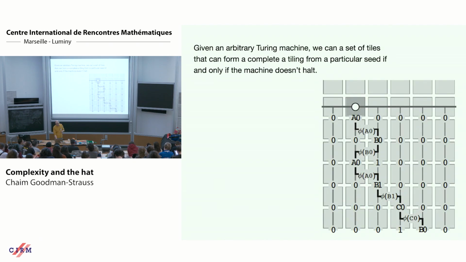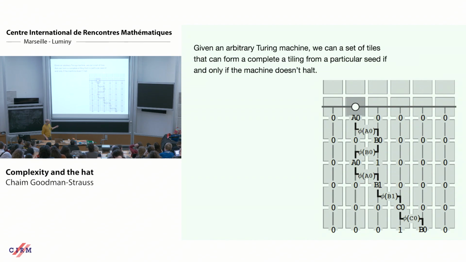Just exactly as was described in the last lecture, we can view this picture as a tiling. It's essentially the same picture as before, but now I've chopped it up into little squares. The little squares have matching rules, exactly as described before, that capture what has to happen. If I was reading a B in state 0, that tells me I have to go to the left, go into state A, having written a 1 there.